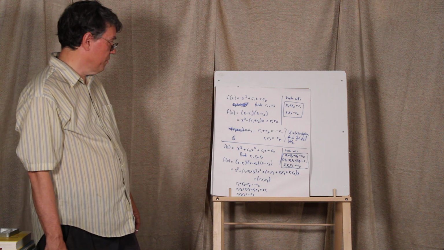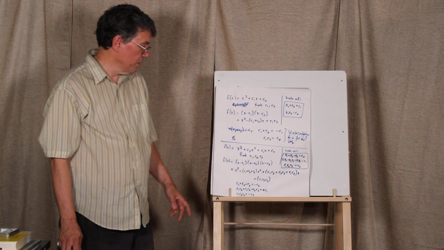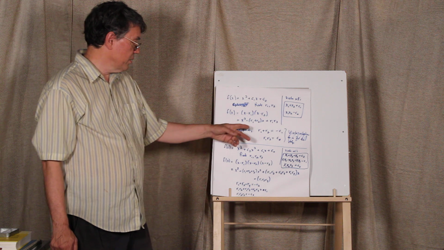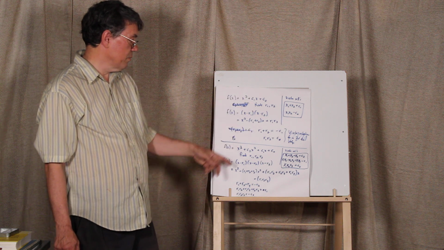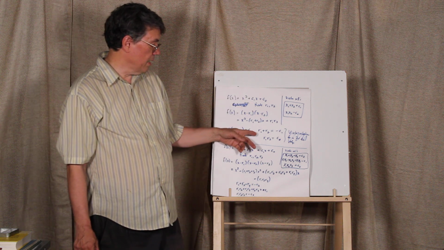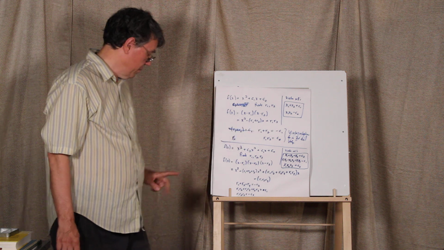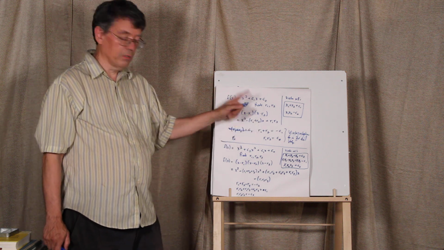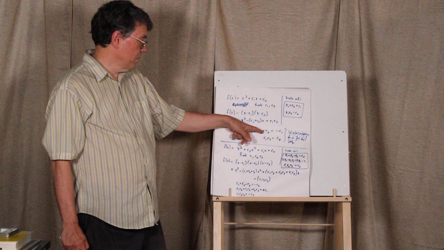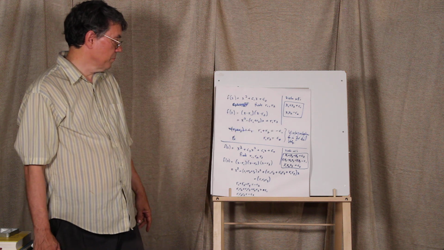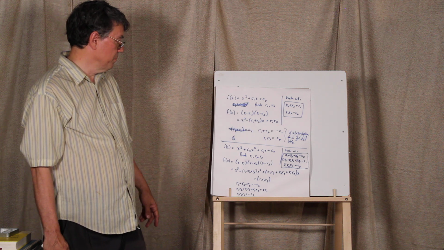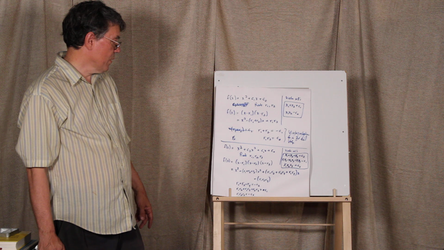So, what we've done here is we've created a connection between the roots and the coefficients of the polynomial, and that connection happens to use these elementary symmetric polynomials which we mentioned on the previous page. Okay.